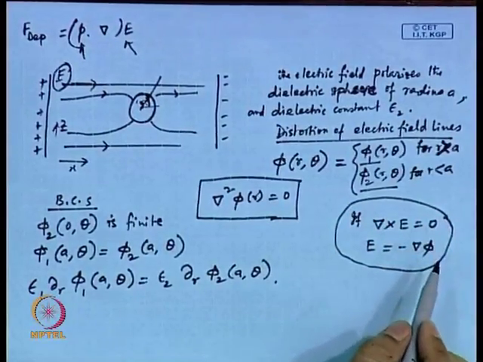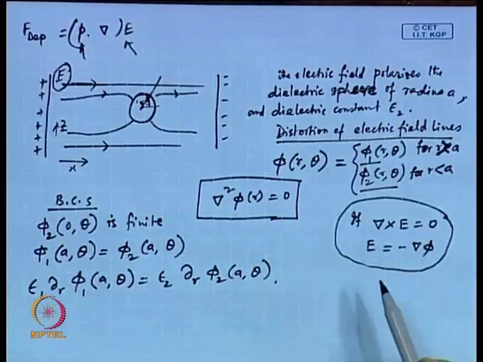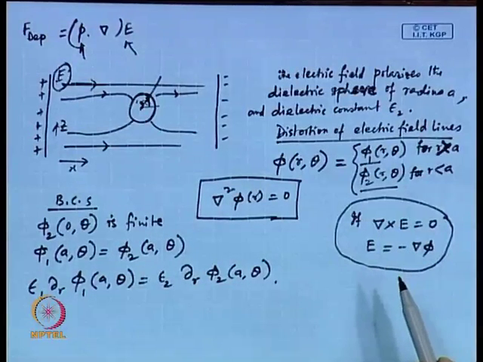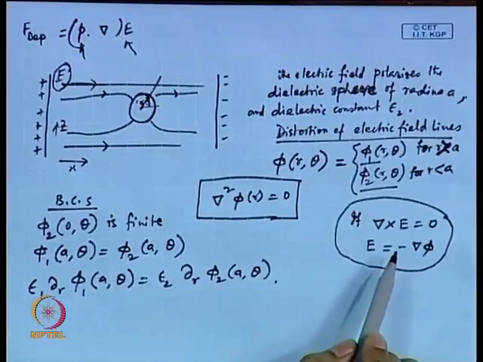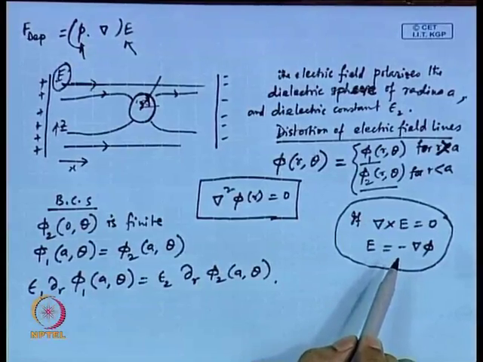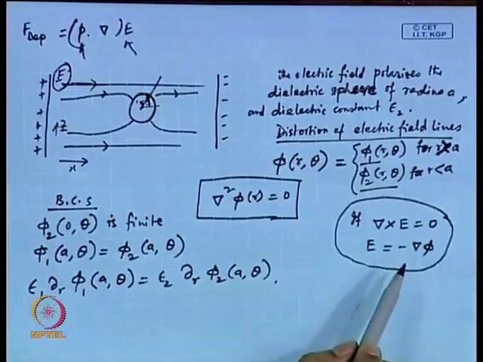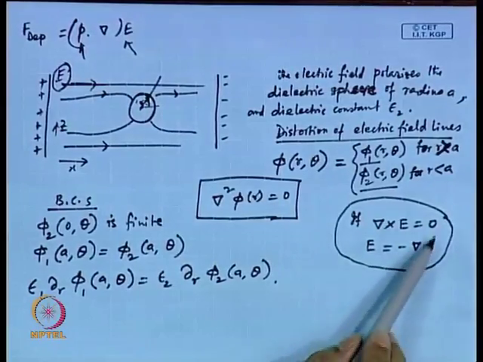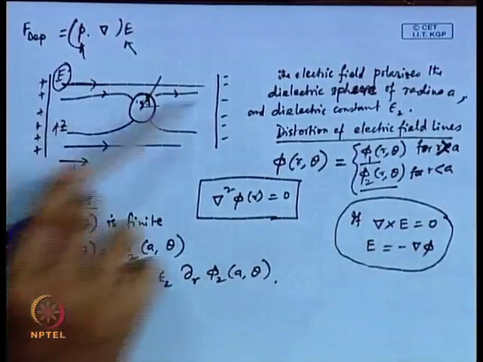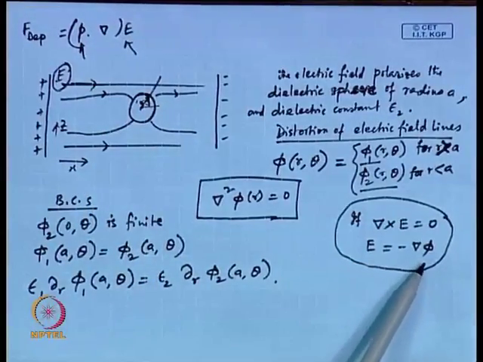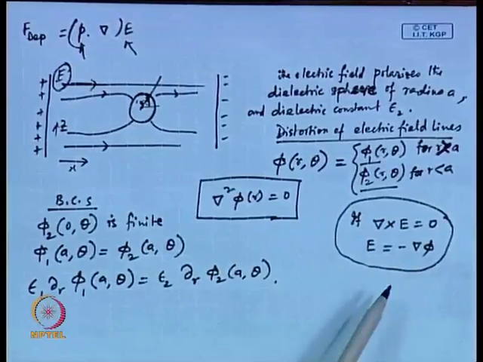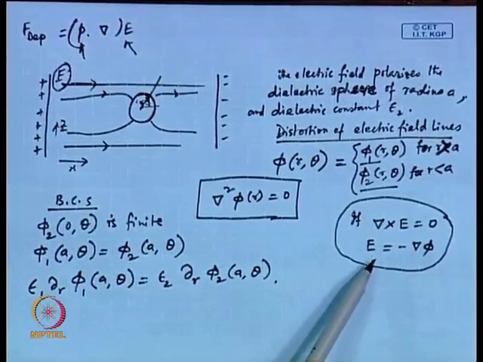Go through your earlier notes, you will see. We compared this with our velocity field and the existence of a potential function, in a similar manner, and we discussed how we obtained this in connection with the electric double layer. So go back to the notes. This is how it is related, E is equal to minus del phi, and this has to be satisfied.